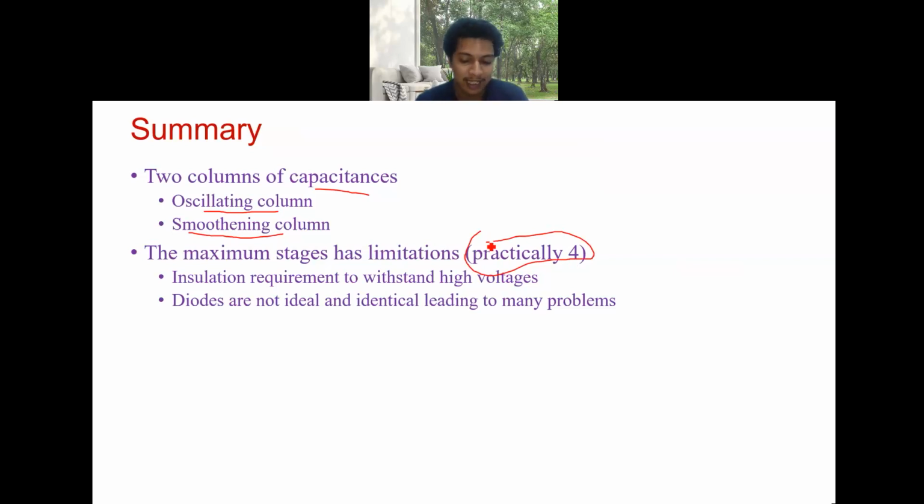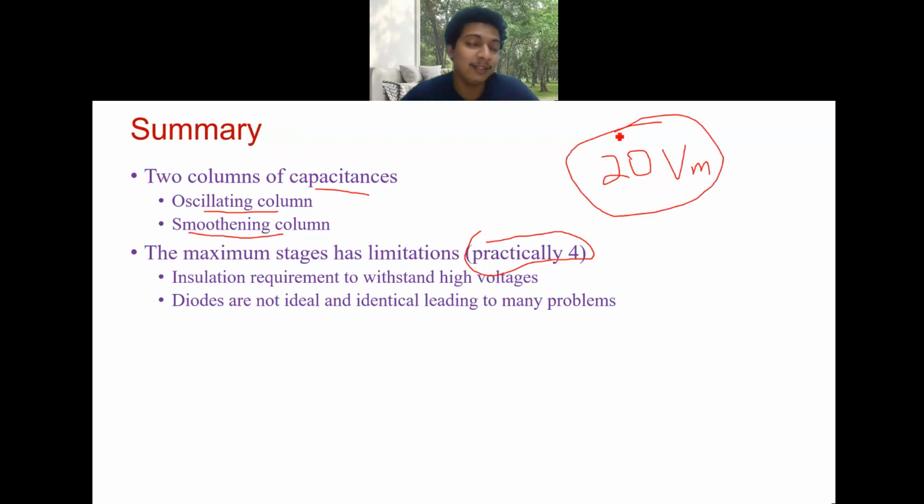The problem is that whenever you increase a stage, your insulation requirement increases. When I say 20 times Vm, you have to withstand that much, so the insulation requirement is also high, and that creates a problem. More than that, when you have a diode, it is basically semiconductor material, so you cannot really have two identical or ideal diodes.